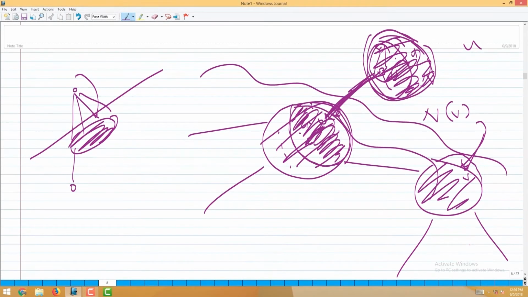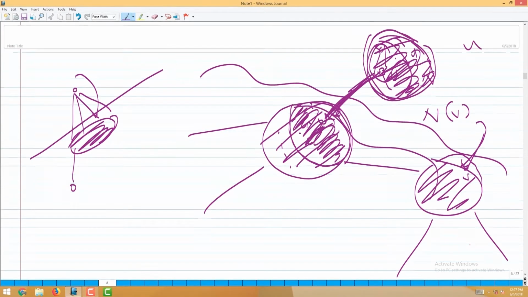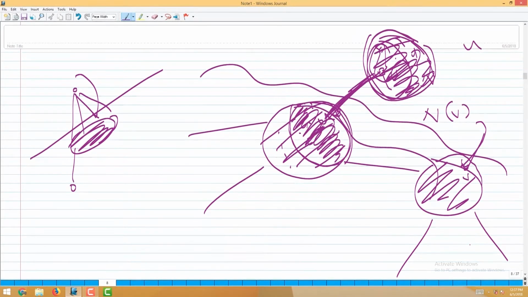If it was only part of the bag, then that part of the vertices, N of v, together with this new vertex forms a new bag. That does not mean the earlier bag is destroyed. The earlier bag remains as such, but we create a new bag and connect it to where it came from.